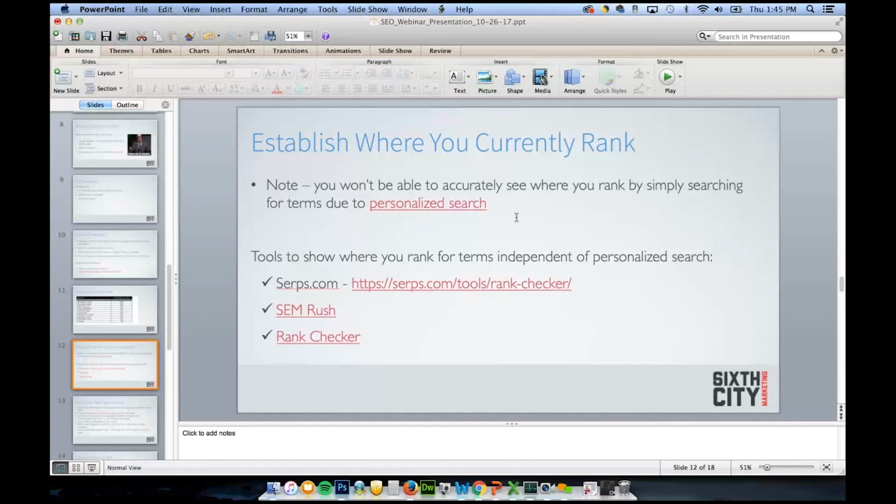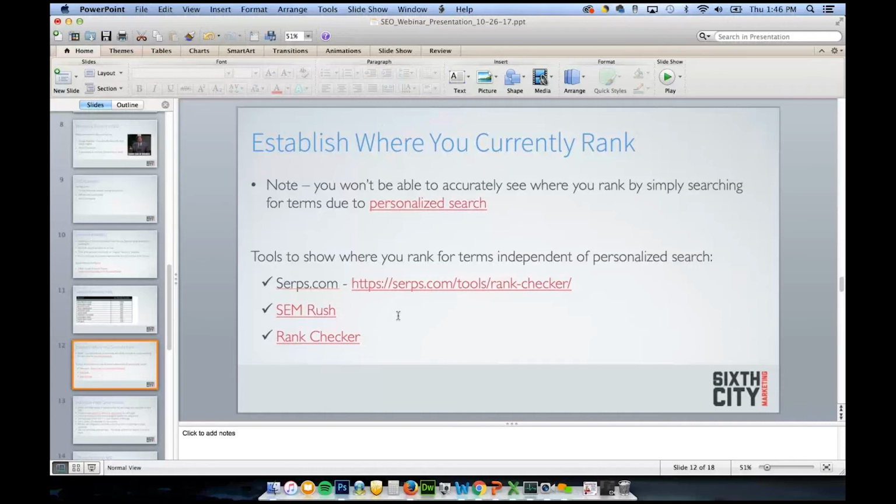It's personalized based off of your browser history, what you've searched for, and your location. So doing a Google search and seeing where you rank is actually not an accurate way to show where you're at. You need tools to be able to show you where you actually rank.